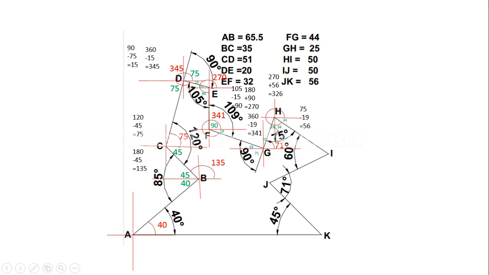Here you have 270, and 270 plus 56 gives a total of 326. You can calculate like this, or you can do 360 minus 34, which is again 326.